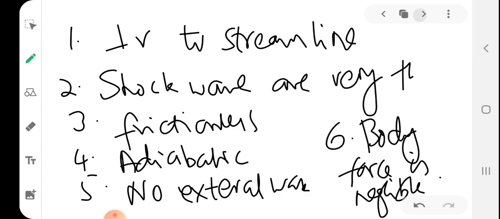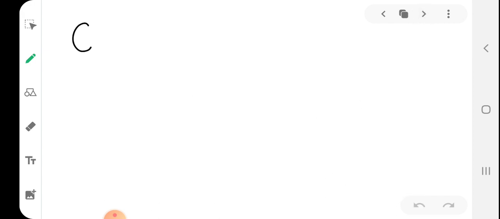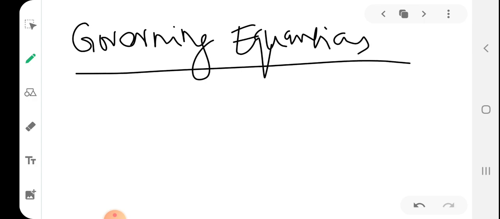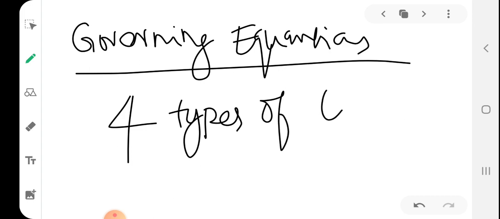Okay. So students, now we will discuss the governing equations for this particular normal shock. So what are the governing equations? Already we have studied four types of governing equations, right? What are they? First one, conservation of mass or continuity equation.